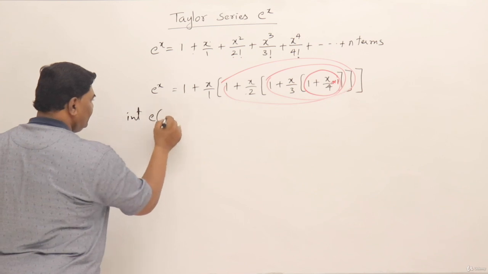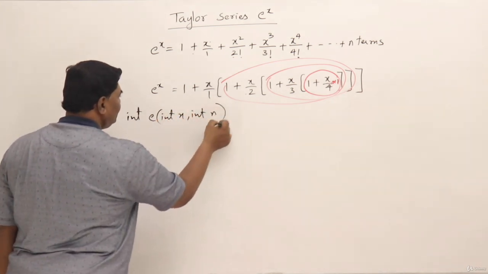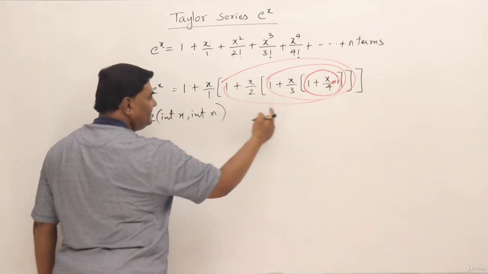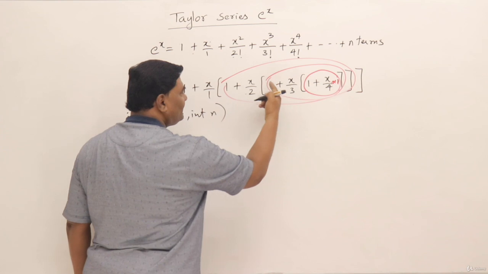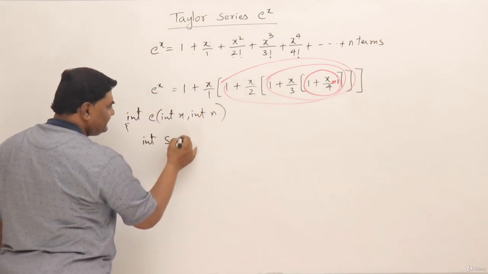Integer e, integer x and integer n. Now in this I have to start from this term, right? This term. So I will take some variable for holding the result. So let us take one variable, integer s, that is initially 1.